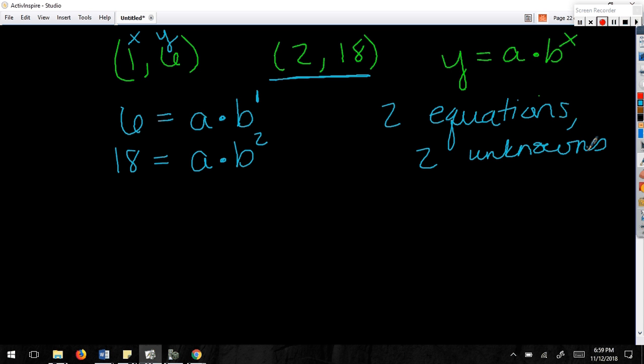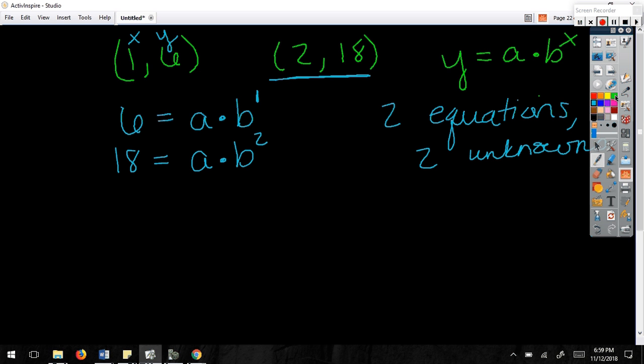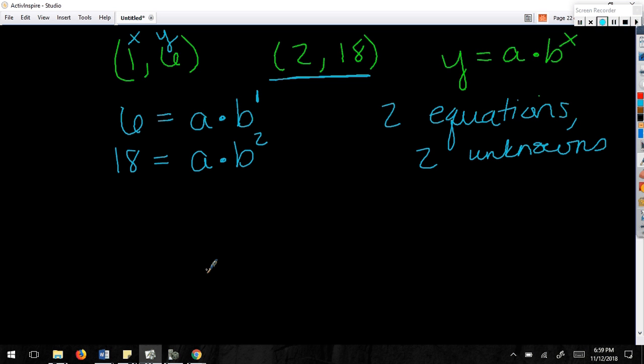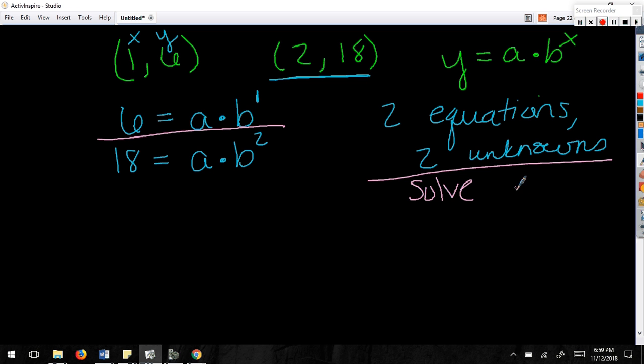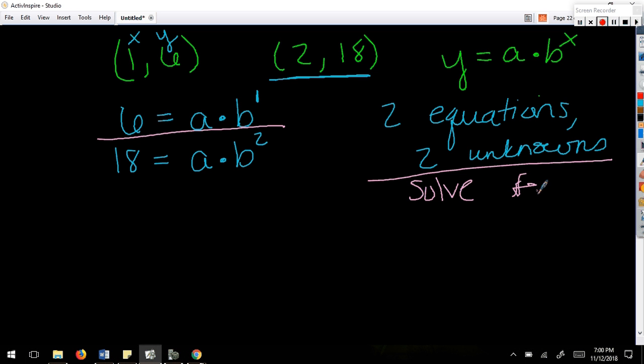What I'm going to try to work with is substitution, where I solve one equation for a variable and then plug that back in to the second equation, okay? So I'll solve the first equation for a. It'll still have a variable in it, and that's okay.